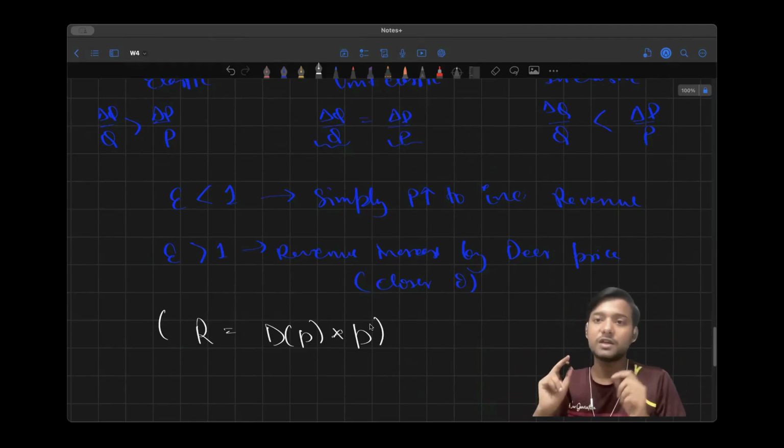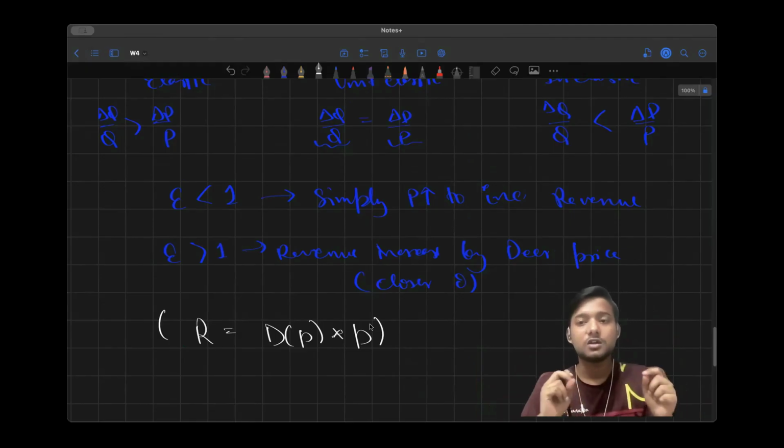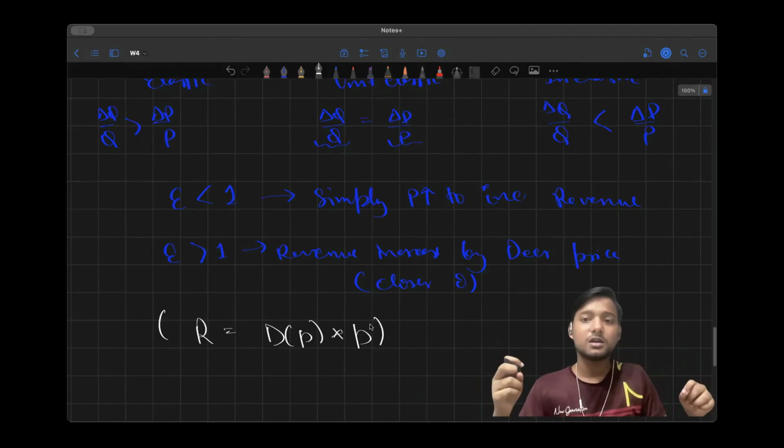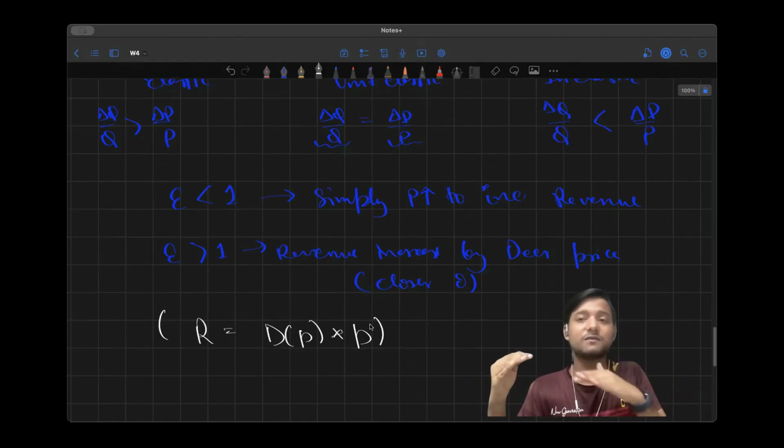So know this thing: when your elasticity is less than 1, your revenue needs to be increased. So we will simply increase our price, because we know if I increase my price, the customer base falls very slowly. But in case of elasticity greater than 1, we cannot do the same. If we increase price by a little, the customer base falls by a lot.